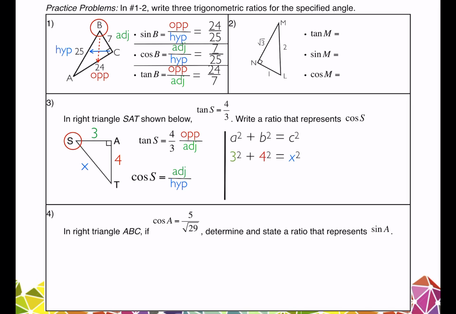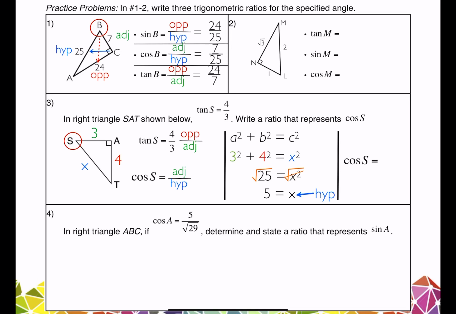All right, simplifying that equation, we would get 9 plus 16, or 25, is equal to x squared. Take the square root of both sides to solve for x. And now x equals 5. Okay, but I'm not done, because I do need to now use that information to help me write the ratio of cosine of S. So x is my hypotenuse.